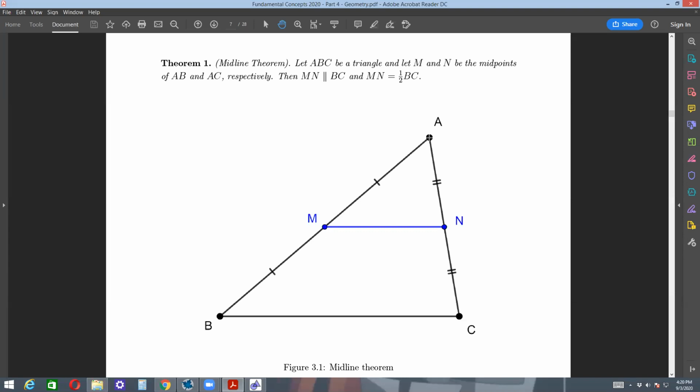Another way to say it is if you're given a triangle ABC and you know M is a midpoint of this side and N is a point on this side of the AC such that MN is half of BC, then automatically N will be the midpoint of the side. Is that necessarily true?